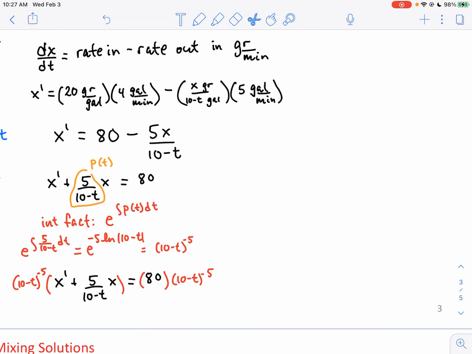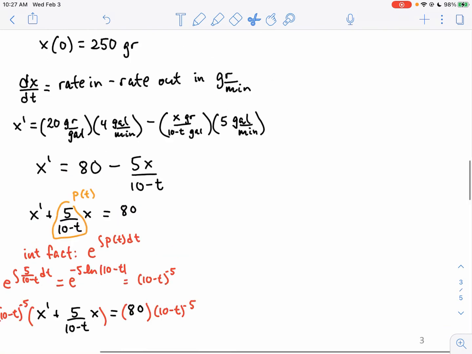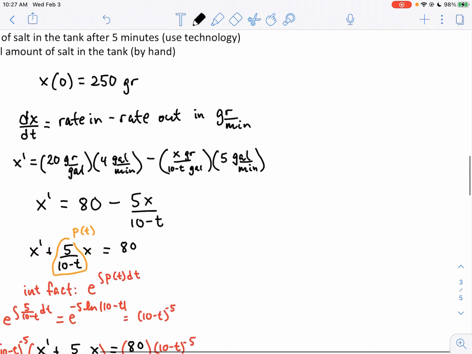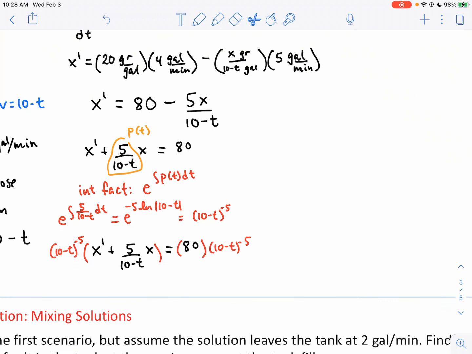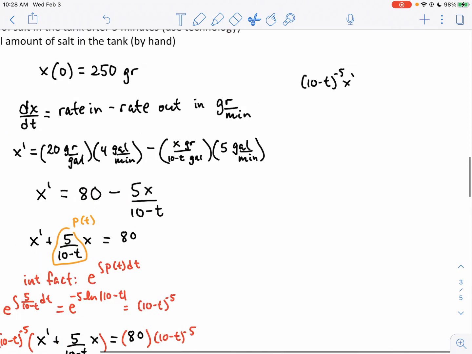We're going to have x prime times 10 minus t to the negative 5 to get started. So 10 minus t to the negative 5 times x prime plus, this is 5 times 10 minus t to the negative 1. So when I multiply it by this, we're going to combine the exponents. It'll be now negative 6.